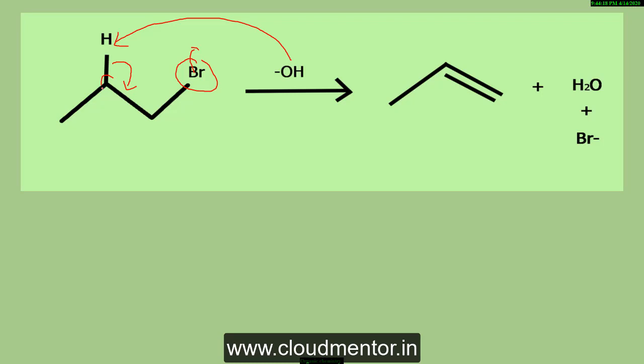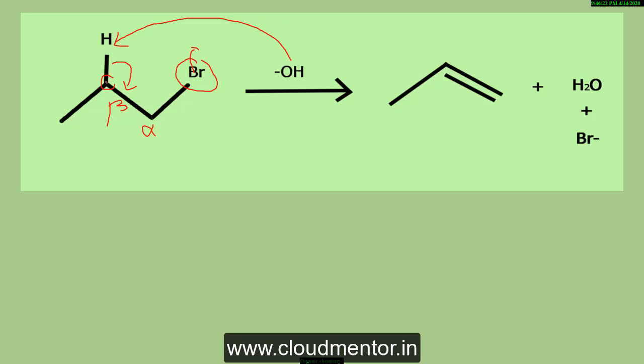It is a proton on the beta carbon that is removed, because it is not going to work out to remove a proton at the alpha position, because then those electrons will have nowhere to go.